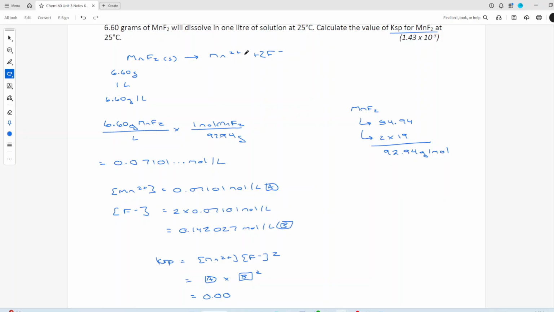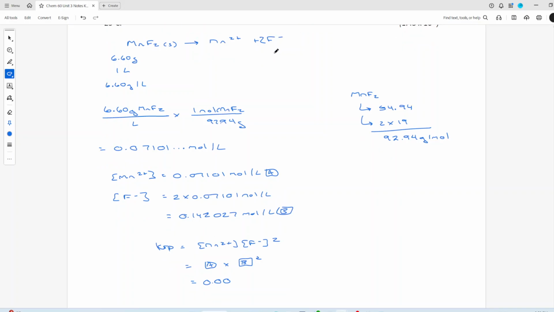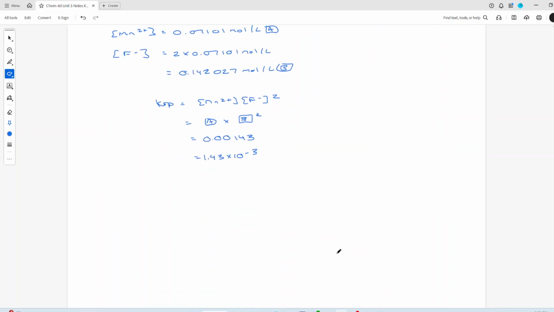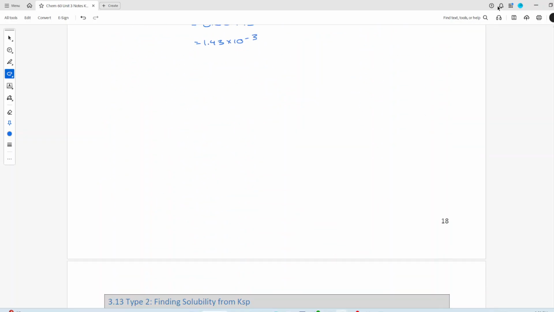We can do 3. This one didn't put it as numbers, so I'm just not going to count it. I'm going to say that we can do it as 3. So we're going to put 0.00143, or we can write that in scientific notation and have 1.43 times 10 to the negative 3 as my KSP. Awesome. All right, go and practice some of the type 1 questions.